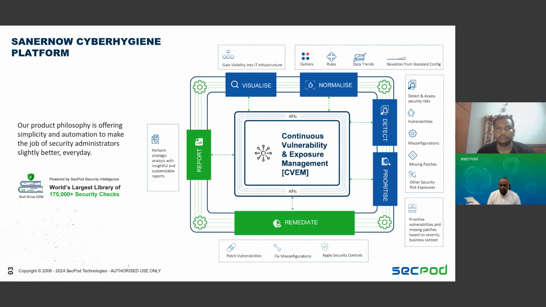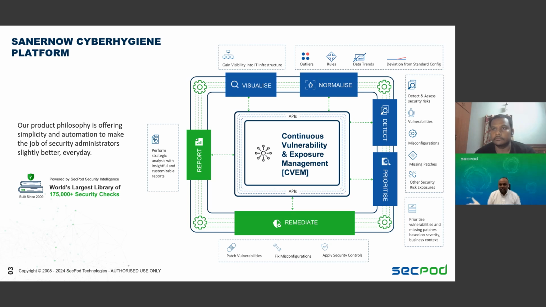The first layer is Visualize. To defend against any cyber attack, we first need visibility into the IT infrastructure and all of the elements present in it. And not just visibility, but continuous visibility that provides a deeper understanding of the entire IT infrastructure. That is what the Visualize layer does.